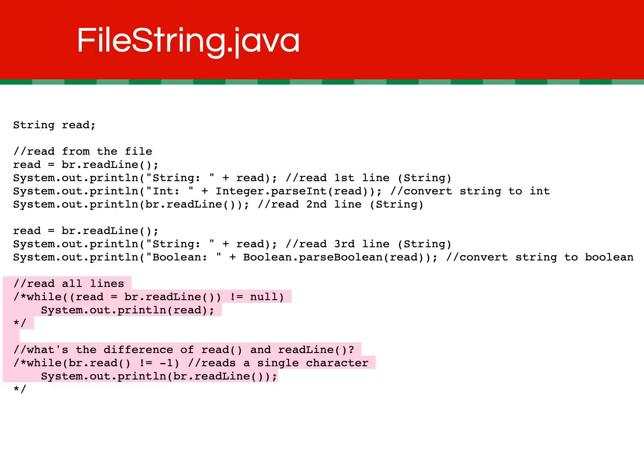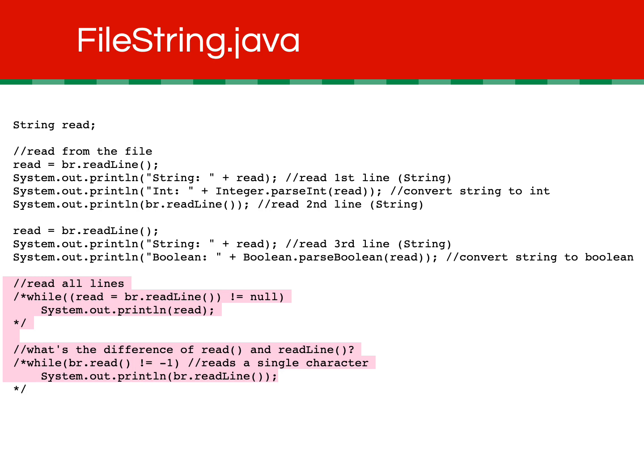On online learning, I have shared this file called FileString.java. So in this example, you can see that to be able to read all lines, I have used the while loop. What I have written here is while read equal to br.readLine is not equal to null, then it will print out line by line.